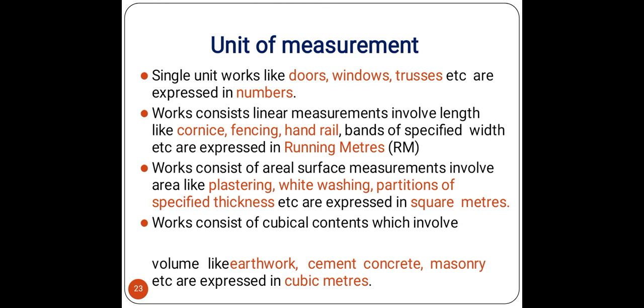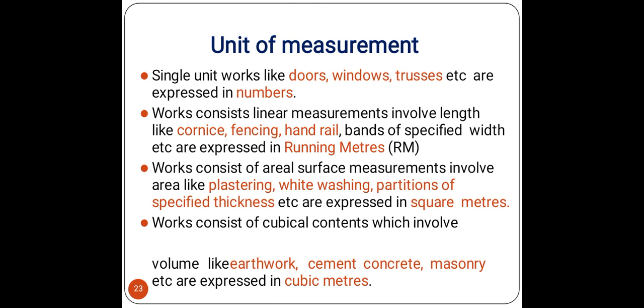Now, what are all the units of measurements used in the case of a structure? Single unit works like doors, windows, trusses, etc. are expressed in numbers. Works consisting of linear measurement involving length, like cornice, fencing, handrails, bands of specified width, etc. are expressed in running meters.